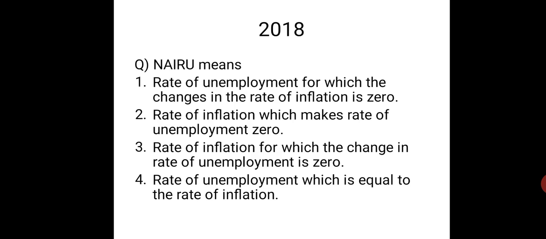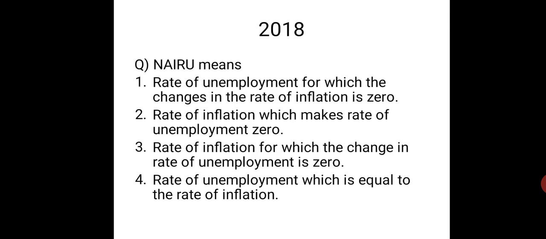Another question which has appeared in 2018 regarding Phillips curve: NAIRU means rate of unemployment for which the change in rate of inflation is 0, rate of inflation which makes the rate of unemployment 0, rate of inflation for which change in rate of unemployment is 0, rate of unemployment which is equal to the rate of inflation. So all of this when you read looks almost the same.